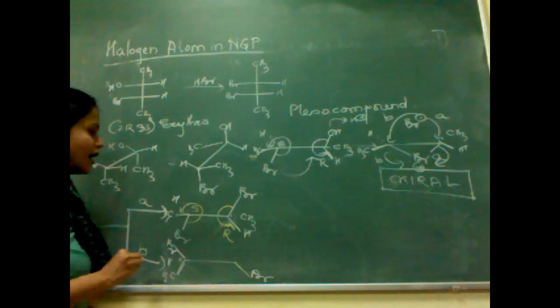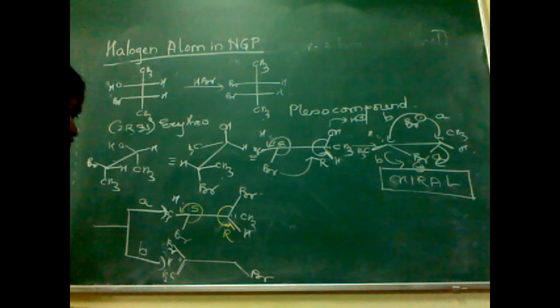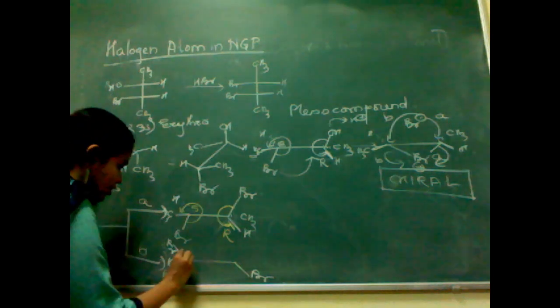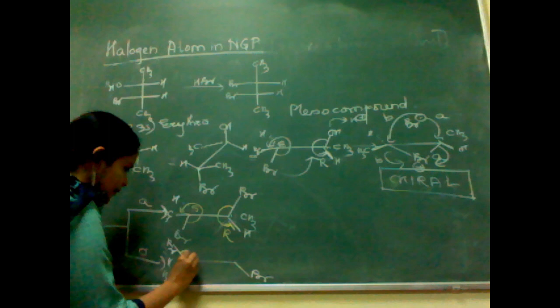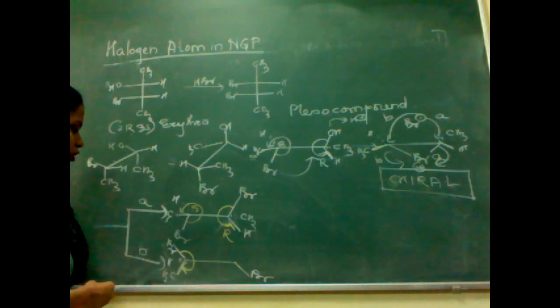So this is S. Now if you look at this particular structure and assign configuration, 1, 2 and 3, again it is coming in clockwise direction, and the group of lowest priority is going away from the observer.